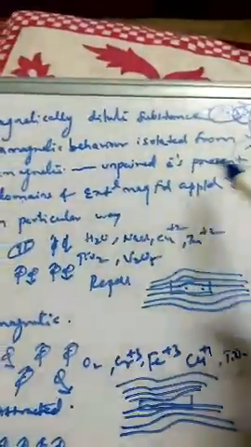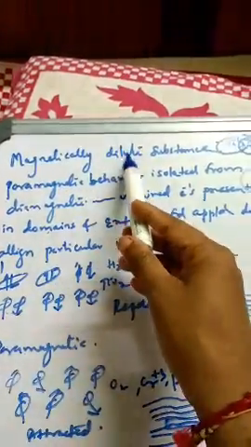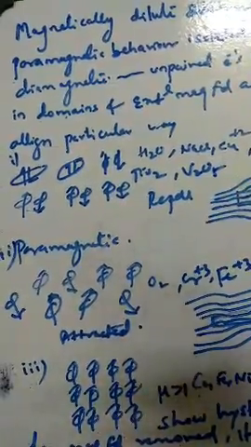When we isolate these paramagnetic, unpaired electrons, we call such a system magnetically dilute substances.